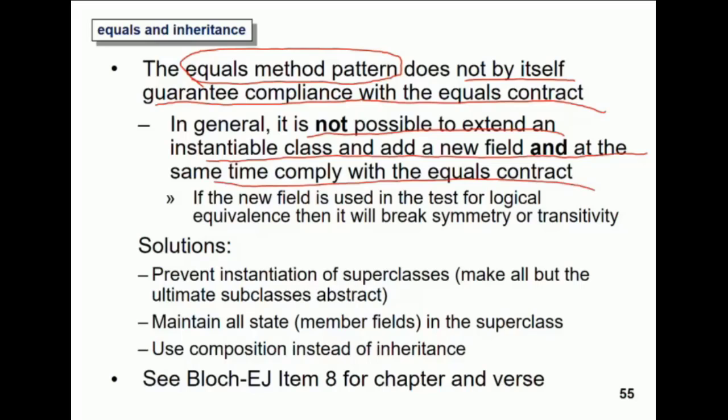So basically we're talking about the same example as before. The solutions are to prevent instantiation of superclasses, and make all but the ultimate subclasses abstract. This is a general design recommendation within Java. Ideally, you shouldn't be able to instantiate an object of type person, or even an object of type university person.